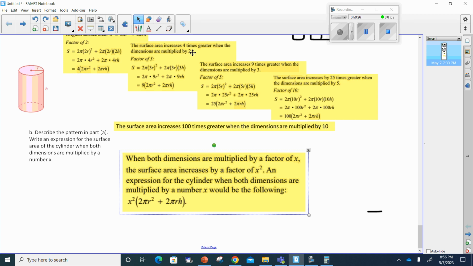In other words, whatever you put in here, like 2, we have to square it, there will be 4. When it was 3, we squared it, it was 9. When it was 5, we squared it, it was 25. When it was 10, we squared it, it was 100. Okay? The expression for the cylinder, when both dimensions are multiplied by a number x, would be the following. X squared, whatever number it is, squared, times our formula.